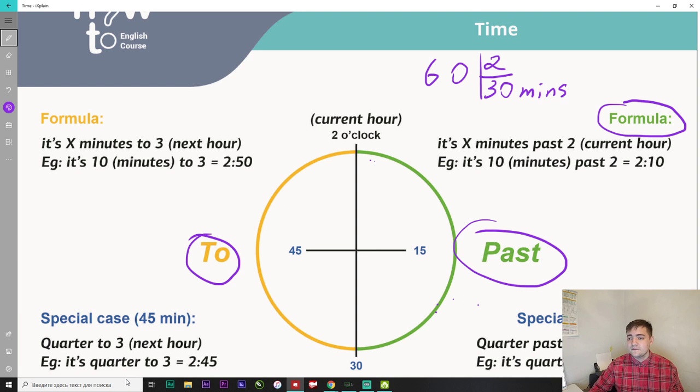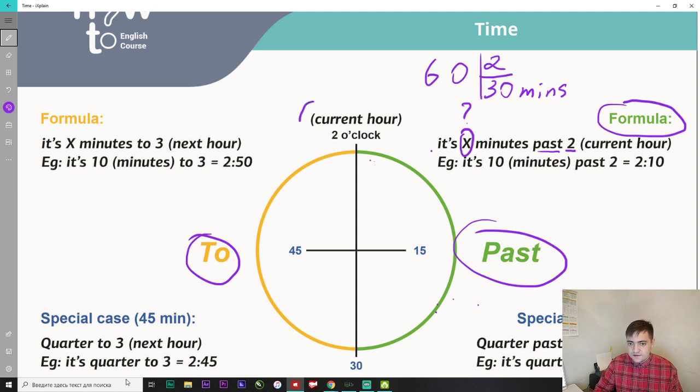So how does the formula sound? Okay, that sounds like that. You begin with it's, again, you want to express the time, right? So it starts with it's x minutes. X means we don't know how many minutes. We can say 10, 15, whatever. It's x minutes past 2. 2 is the current hour.